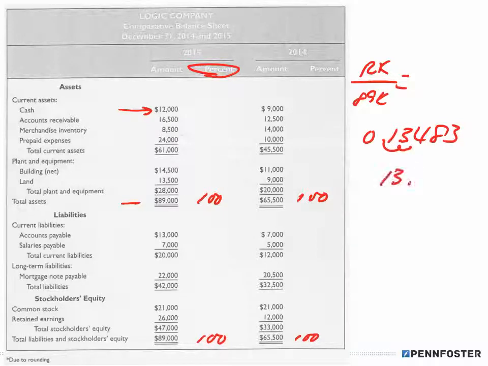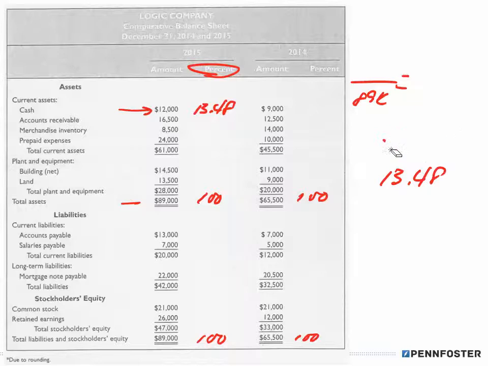So I end up with 13.48 because I'm rounding down. So this is 13.48%. Now, as you saw, I left that denominator. Why? Because each one of these numbers I'm going to divide by that 89,000.